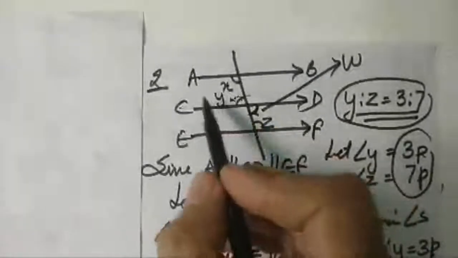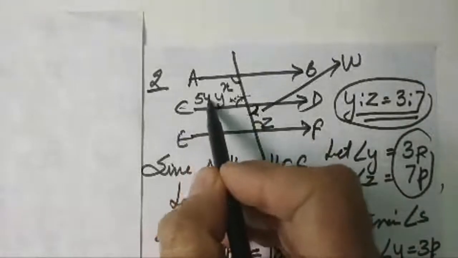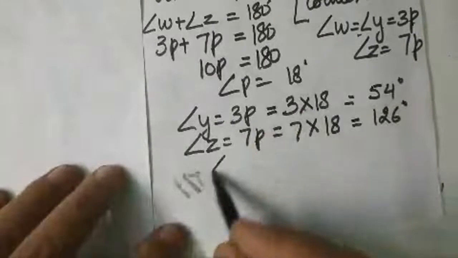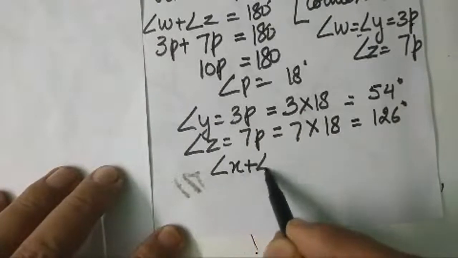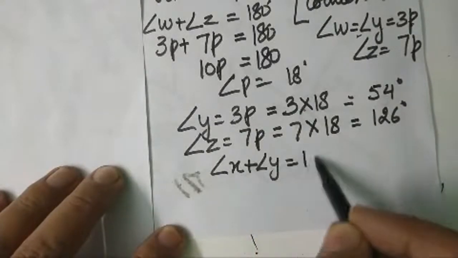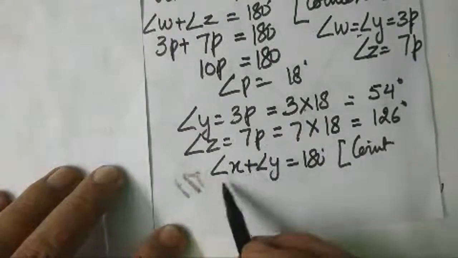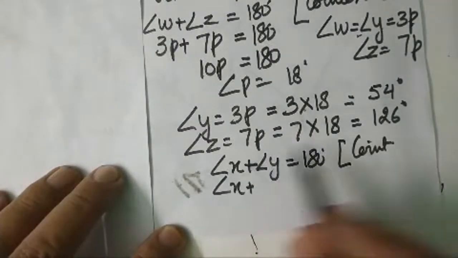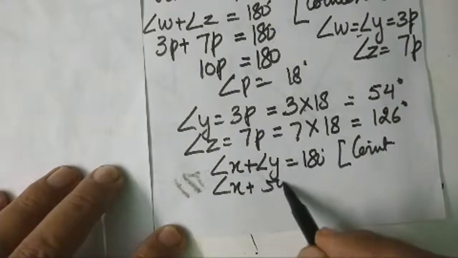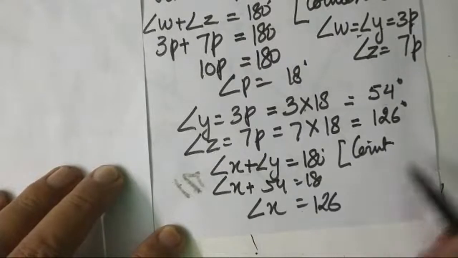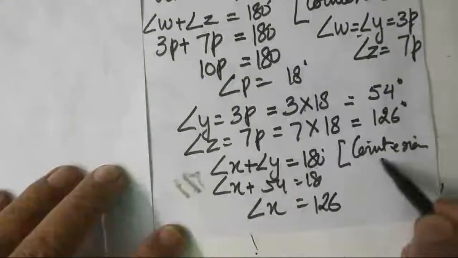So since this angle is 54, this angle x will come by again using co-interior property. Angle x plus angle y is equal to 180. They are also co-interior. Put the value of y 54, and angle x will come 126 because they are co-interior angles.